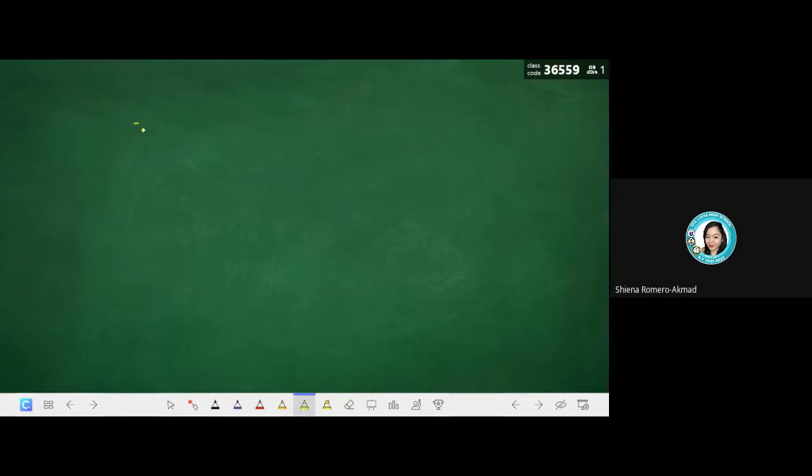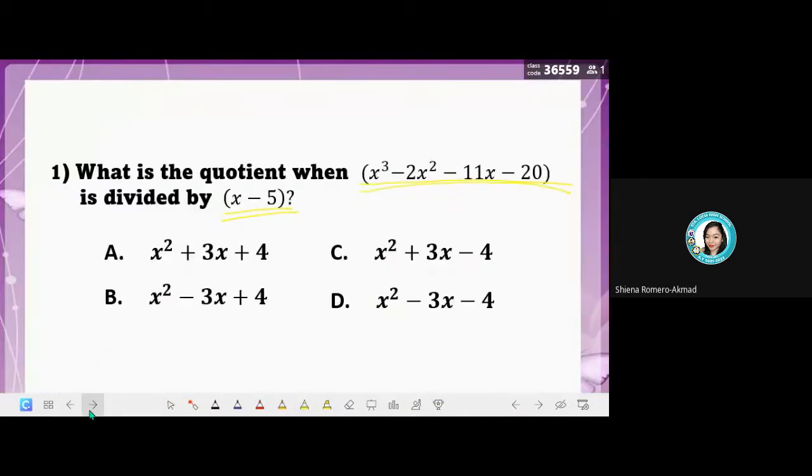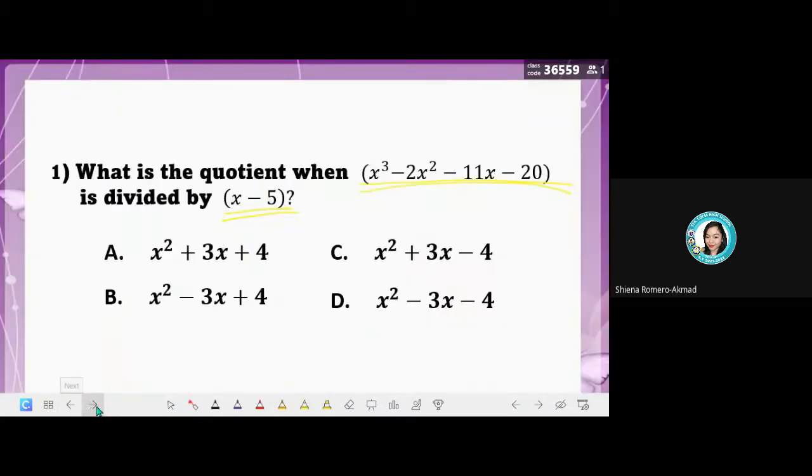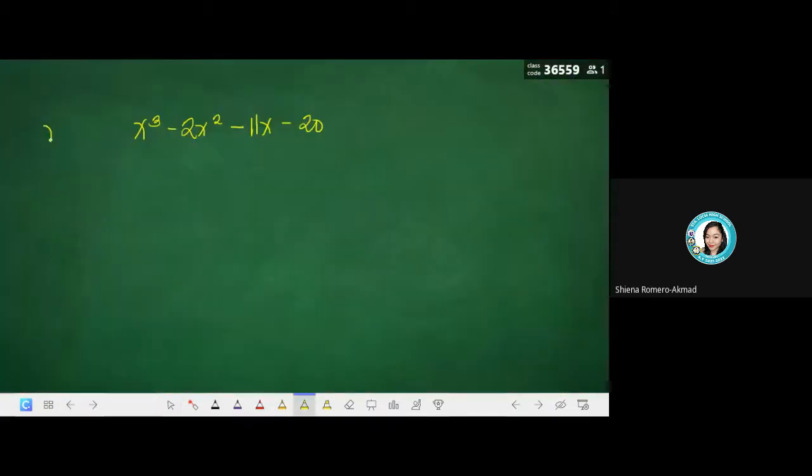We have x cubed minus 2x squared minus 11x. Sulat ko na lang. Kasi matatagalan tayo eh. Mamaya be ready. Divided by x minus 5. Okay, so we call this the long division.